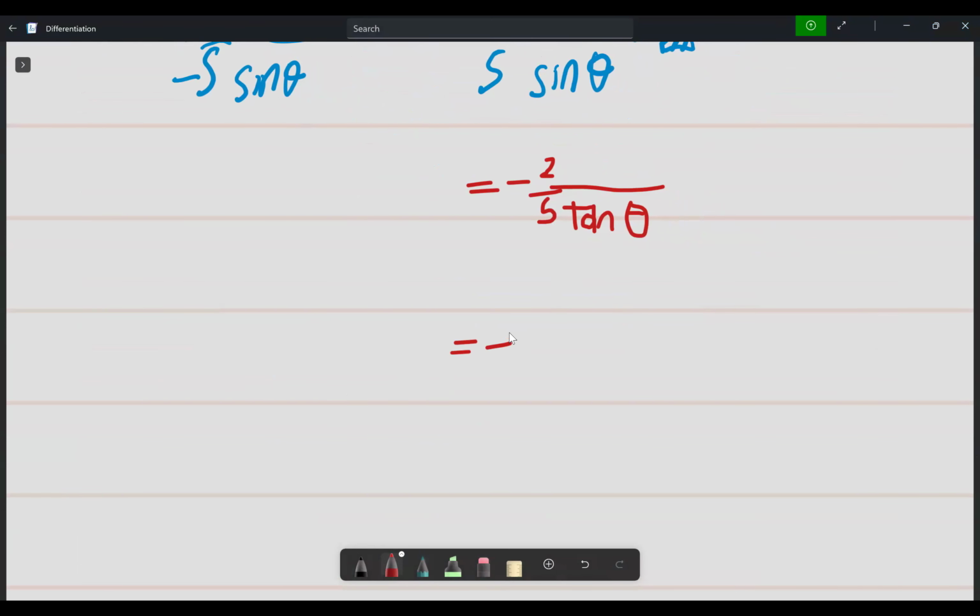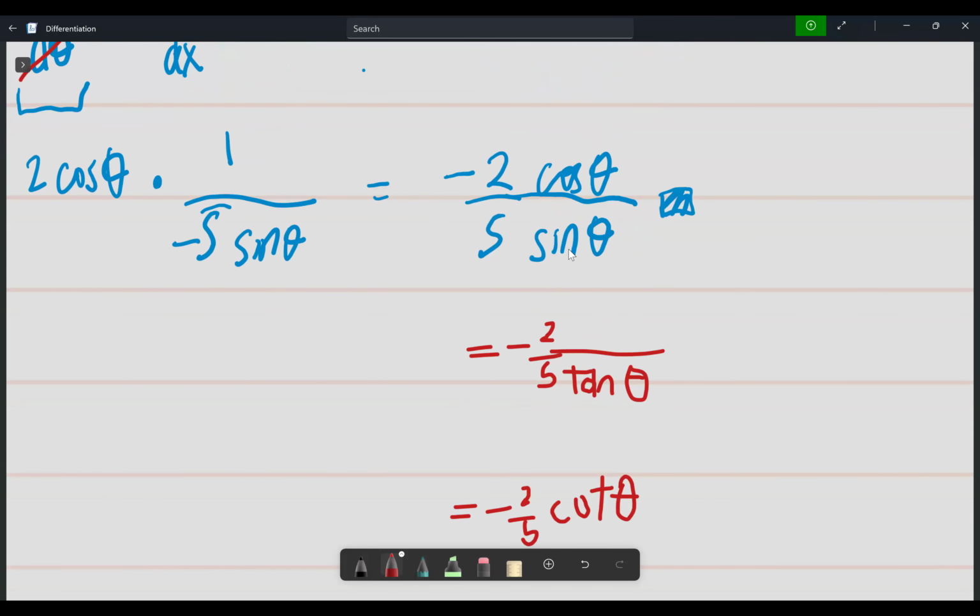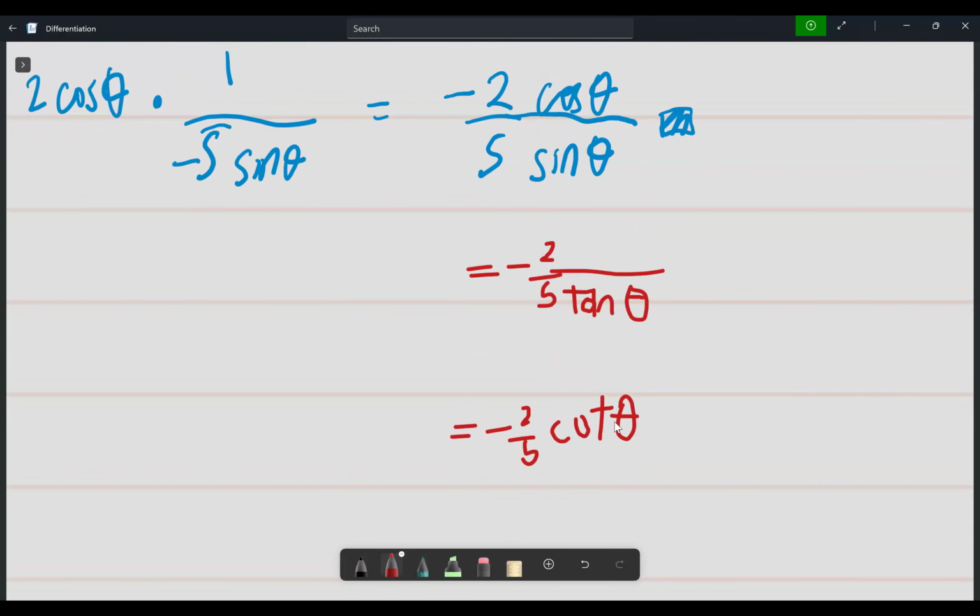Or you could have negative 2 over 5 with cot in the numerator. So you could leave it as cosine over sine, you could have tan in the denominator, or cot in the numerator. Any one that you feel comfortable with, okay?